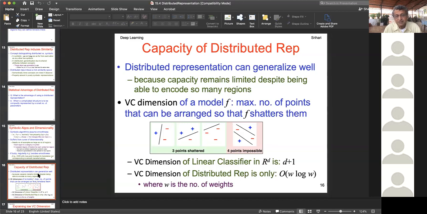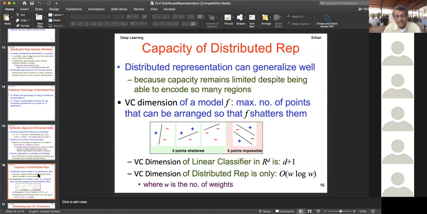It is actually the maximum number of points that can be arranged so that F shatters them. Shatters them means if I give you some number of points, does your method allow you to separate them in the space?